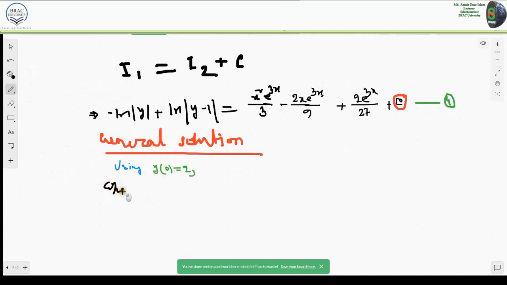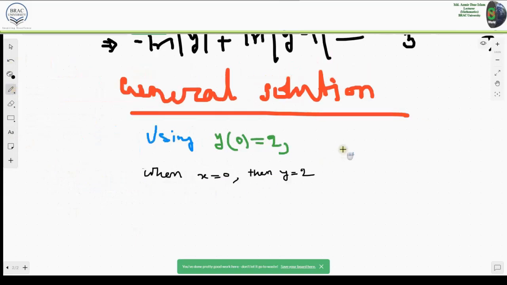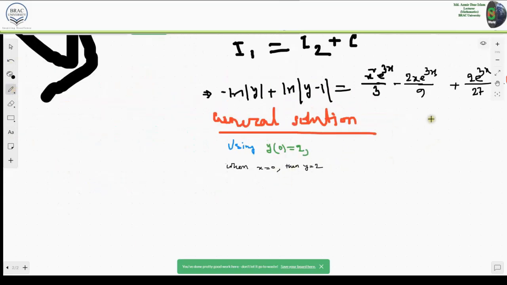So from here we can write when x equal to 0, that means at that time y equal to 2. So the initial value y of 0 equal to 2 means when x equal to 0, then y equal to 2.